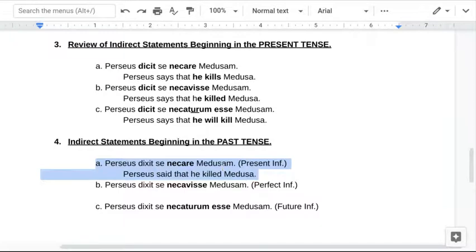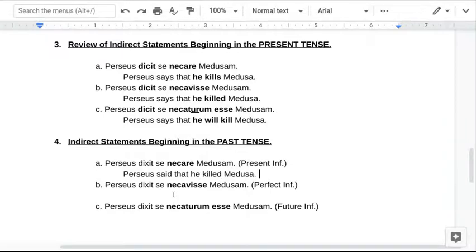But it translates in the past to keep it at the same time as the sentence, which is Perseus said. The whole sentence is in the past. So obviously you want the present infinitive to keep it in the same time period. Perseus said that he killed Medusa. So it all is happening at the same time.